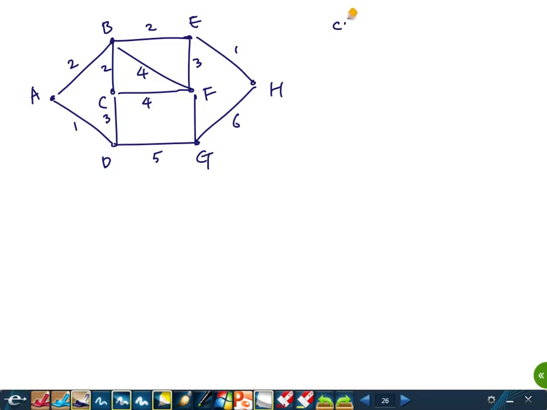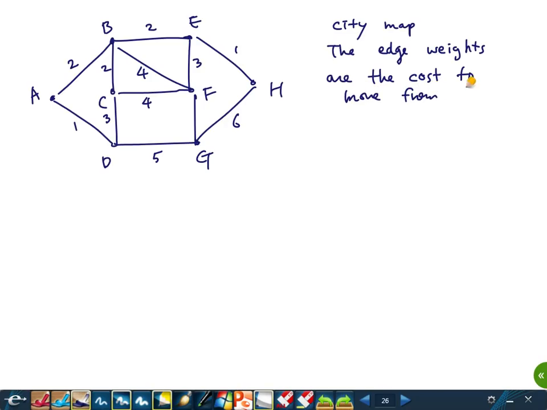So we can think of this as a city map, and the edge weights, there are several ways, but let's say these are the cost to move from one city to another.